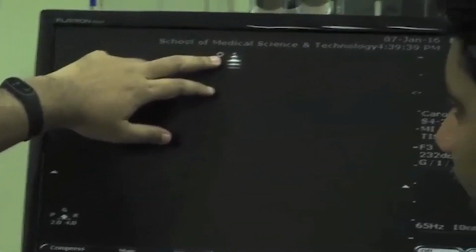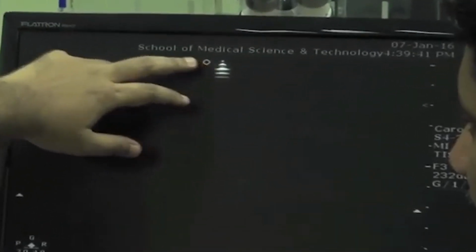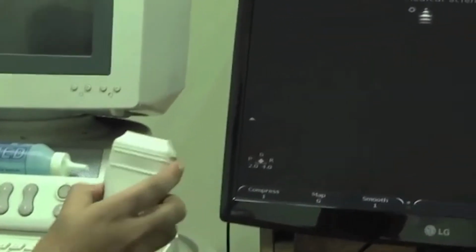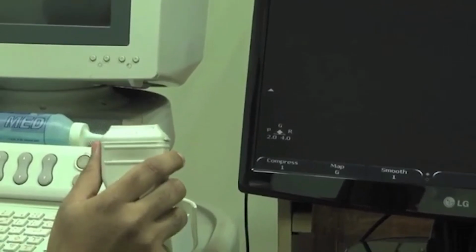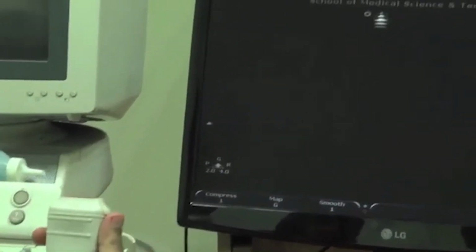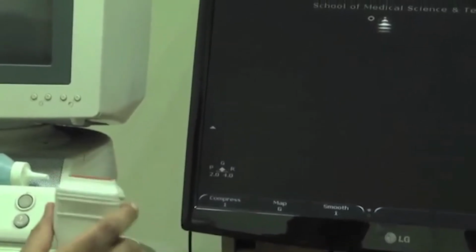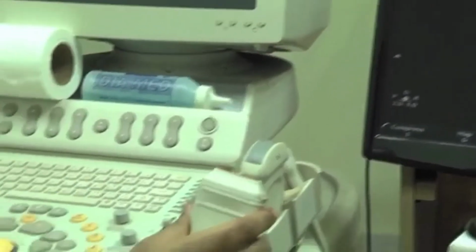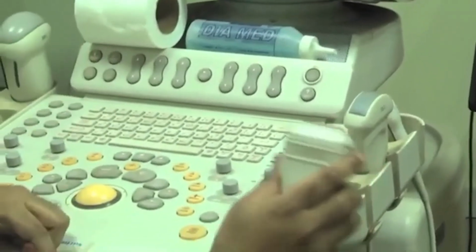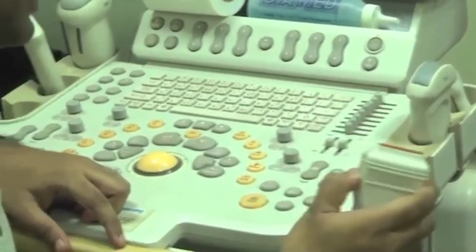This circle is always aligned to the side on which I am holding my probe. Since it is on the left, I am supposed to hold my probe on the left so that I have a perfect anatomical reference. Otherwise, if I flip it, it will be a reflected image. There are also options for reflecting the same probe's image without much of an issue.